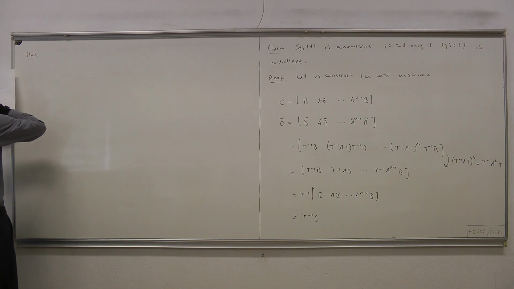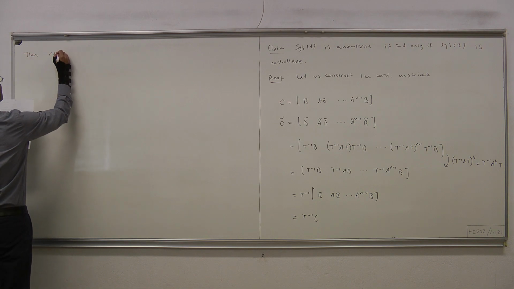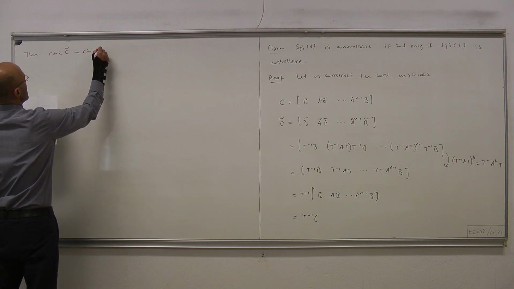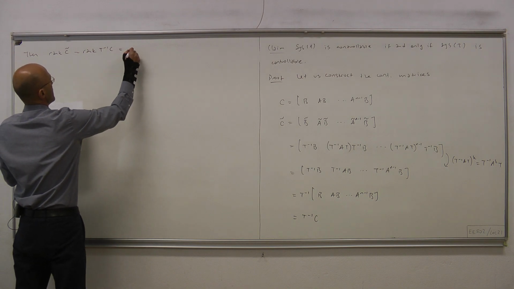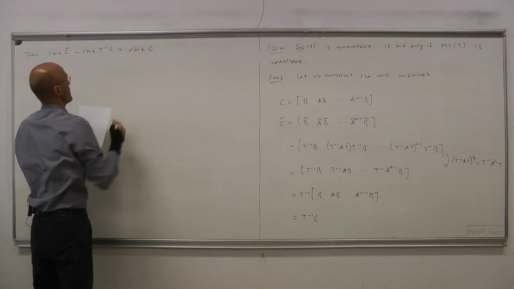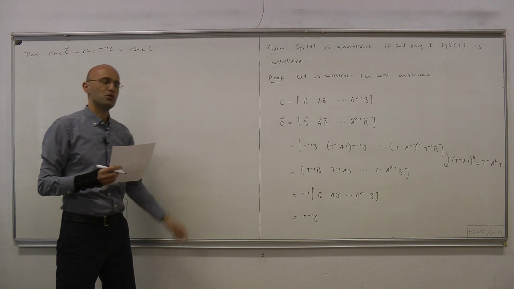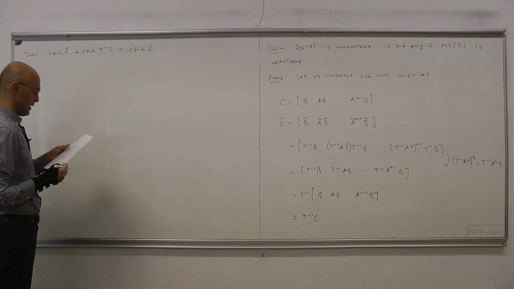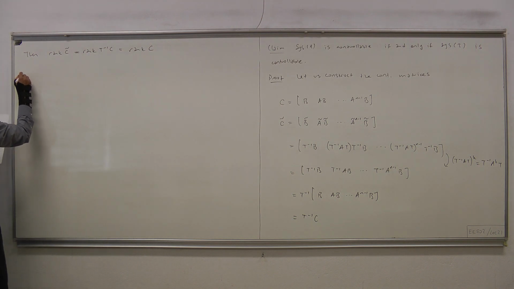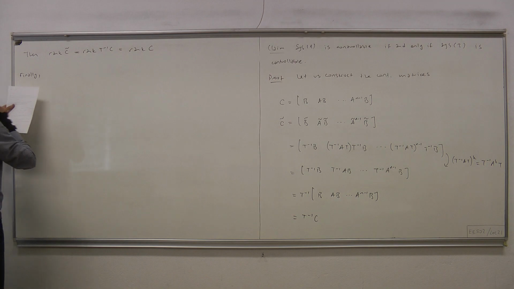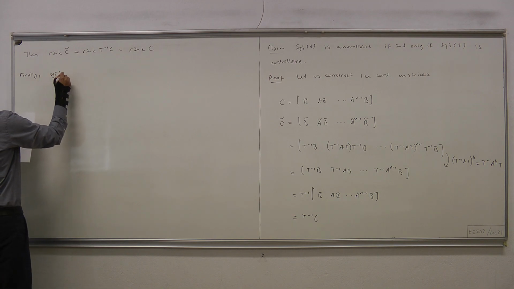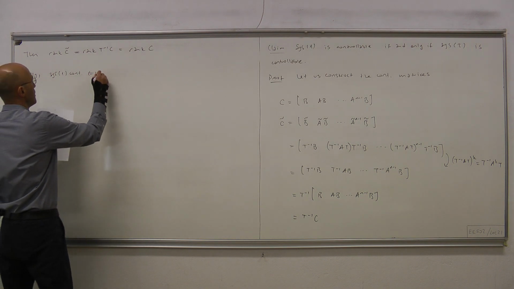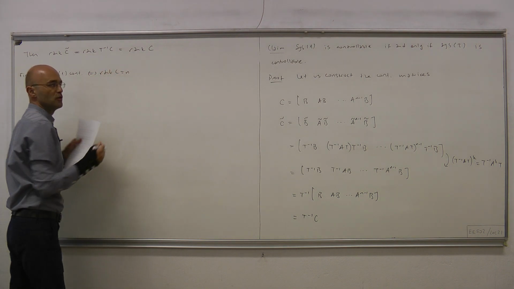So then rank C tilde equals rank T inverse C, and that equals rank of C, because T inverse is an invertible square matrix. And finally, we can write: system 1 is controllable if and only if rank C equals the order of the system.